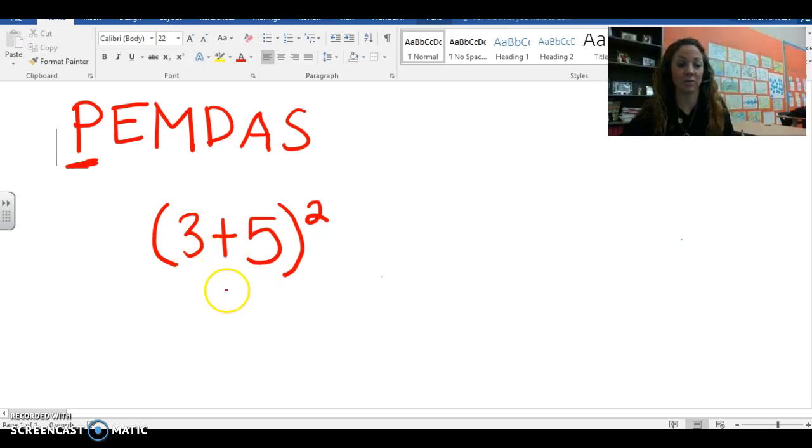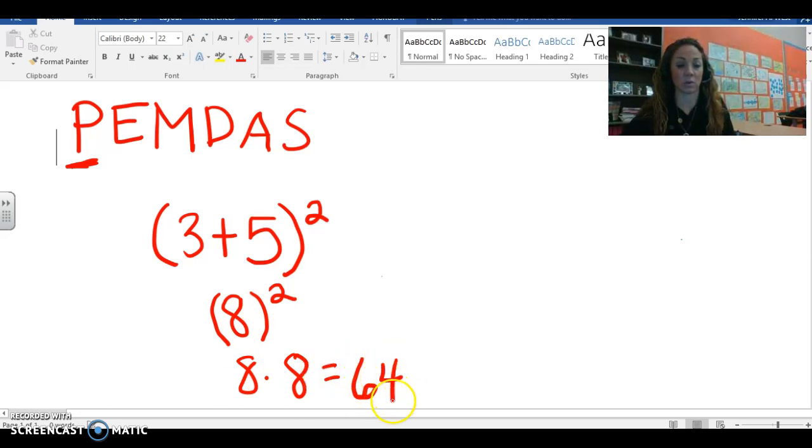So 3 plus 5 equals 8. The next step is exponents. So it still has a 2 on the outside, so that turns into 8 times 8, which equals 64.